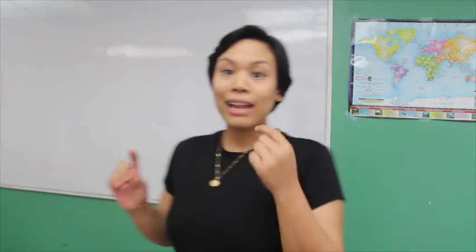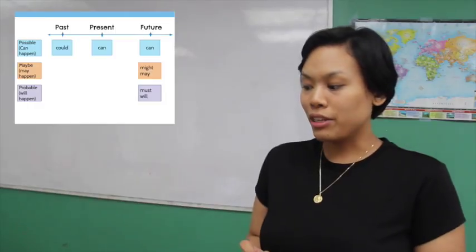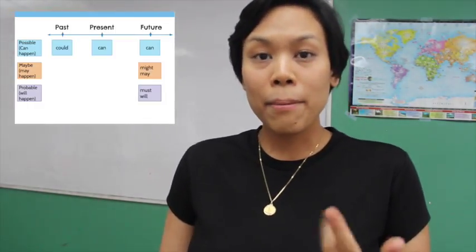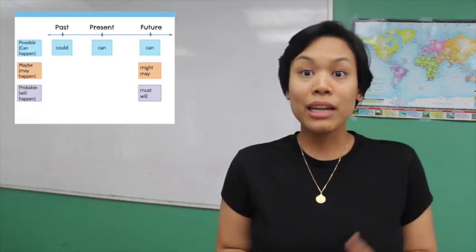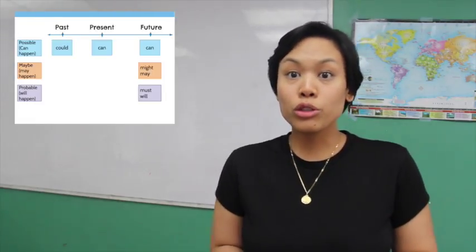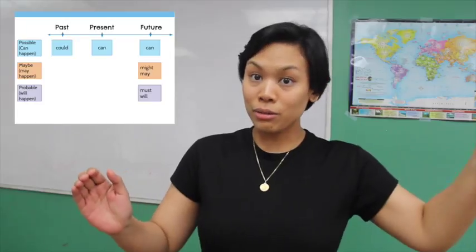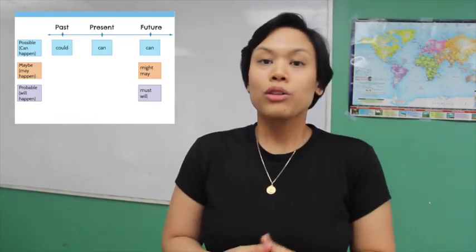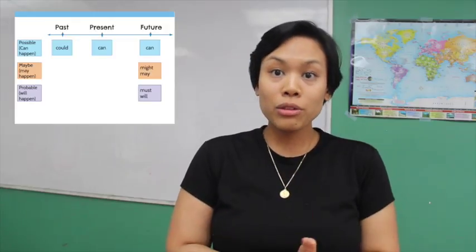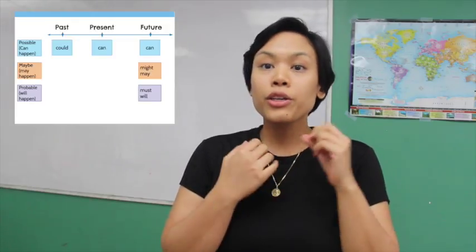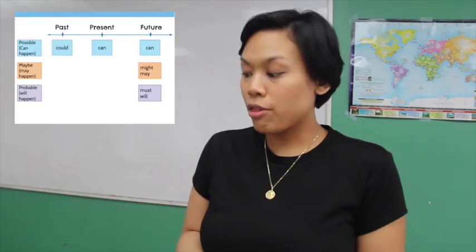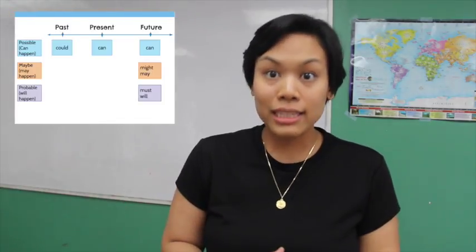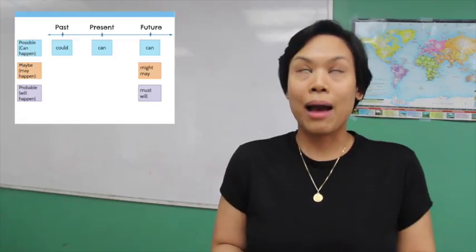Let's get started. Flash this slide on the screen and explain that the words could, can, may, might, must, and will can be used to show whether you can do an action up to whether you will actually do that. So when you use the words can and could, you're expressing whether something can happen, the possibility of something happening.